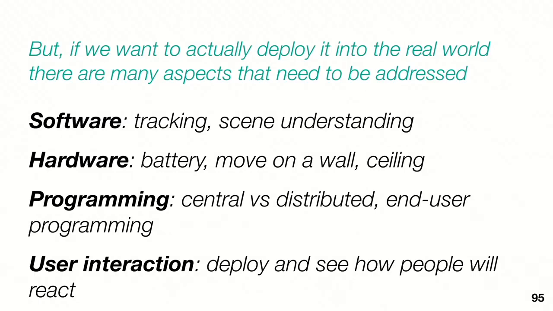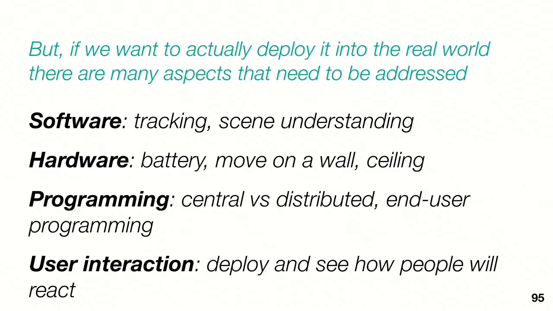For the software aspect, we need a better, more robust, and easier-to-integrate tracking system, as well as scene understanding capability. Because compared to the factory, our everyday environment is more messy. So we need a better understanding of the scene and how the user interacts with it.